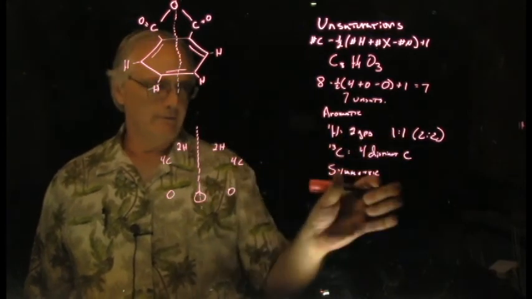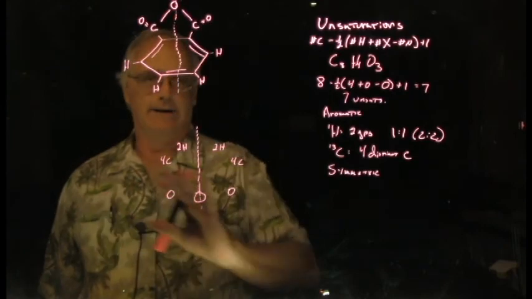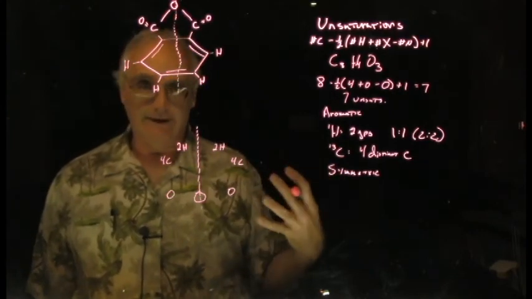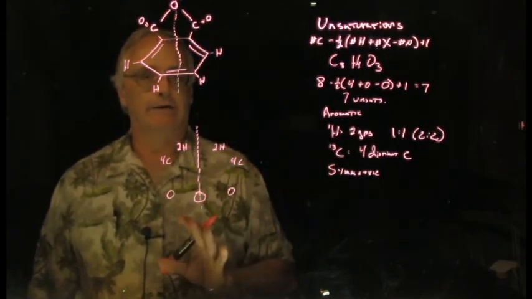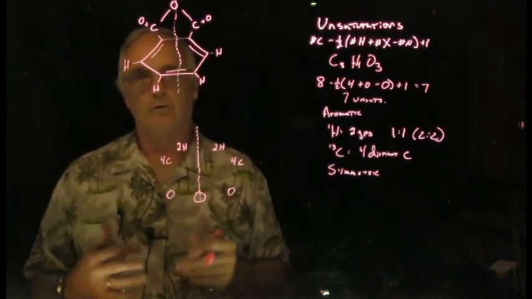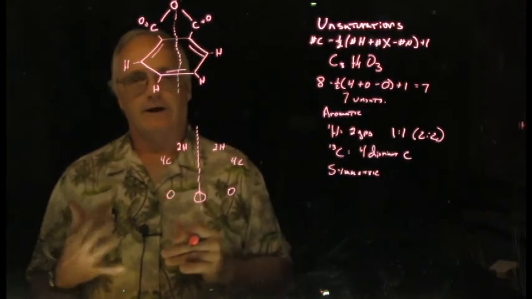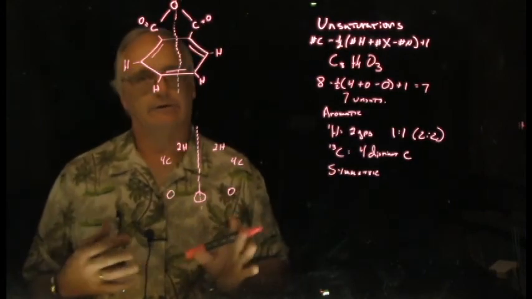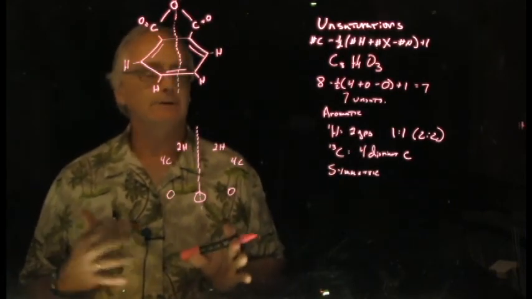We quickly realized this thing is symmetric, and using that information, we can start putting together the rest of the molecule. So remember, when you're doing this, don't break rules of organic chemistry by trying to come up with some bizarre structure that has 8 bonds on a carbon or something like that.